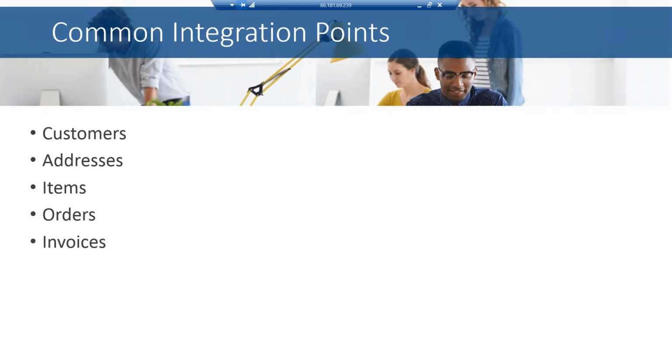But I don't want you to feel limited to any of that. I know that everyone has some unique needs in regards to collecting additional information, and it may be related to customers or items or orders. But you should feel comfortable that we have the tools available to allow us to pass that information back and forth.